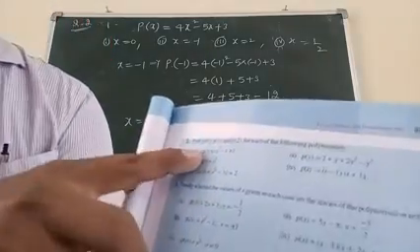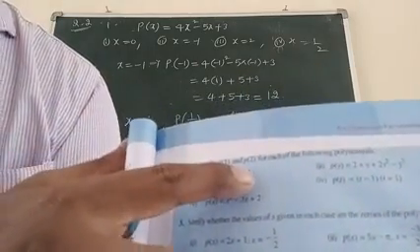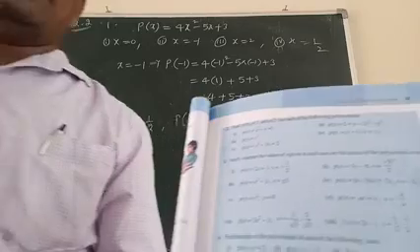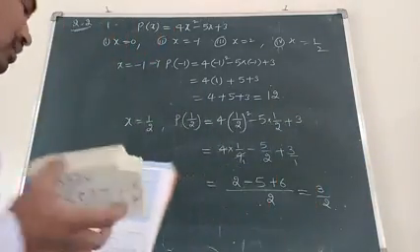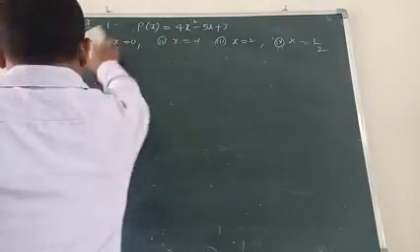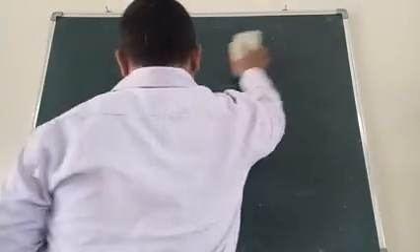For the second one, what is given? Find P of 0, P of 1, P of 2 for the following polynomials. The polynomial is given. We have to find P of 0, P of 1, P of 2. So I will explain one problem.